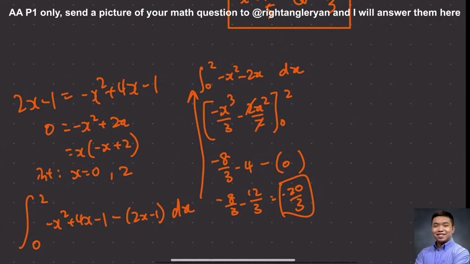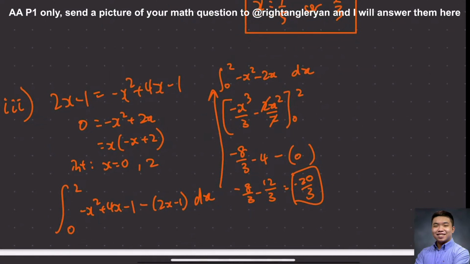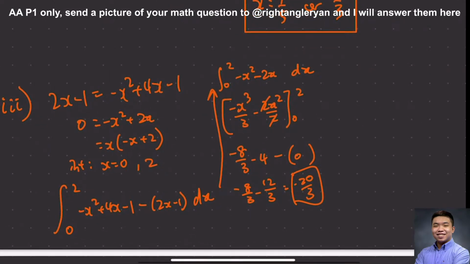Oh wait, they got plus x squared. So that means I got this wrong. Minus 2x minus 1, yeah? So if I put this in, oh, this is supposed to be positive 2x, right? I wrote negative 2x for some reason. So it's going to be plus, plus, plus, plus here. So therefore this is plus. So we would have 4 over 3.